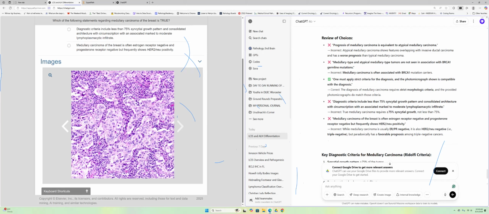The diagnosis of medullary carcinoma is compatible with more than 75% syncytial growth, not less. Ah, that's true.